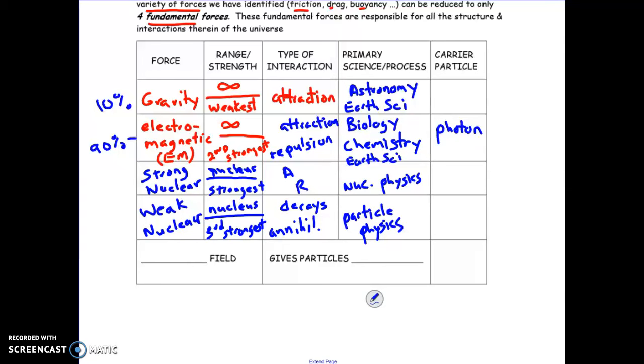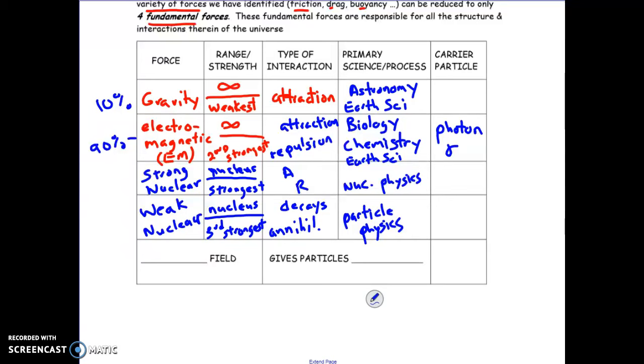Okay, photon is usually associated with light and is given a symbol like that. It's like a Greek letter gamma. Okay, so when you see light bouncing back and forth between objects, that is a manifestation of the electromagnetic force at work.